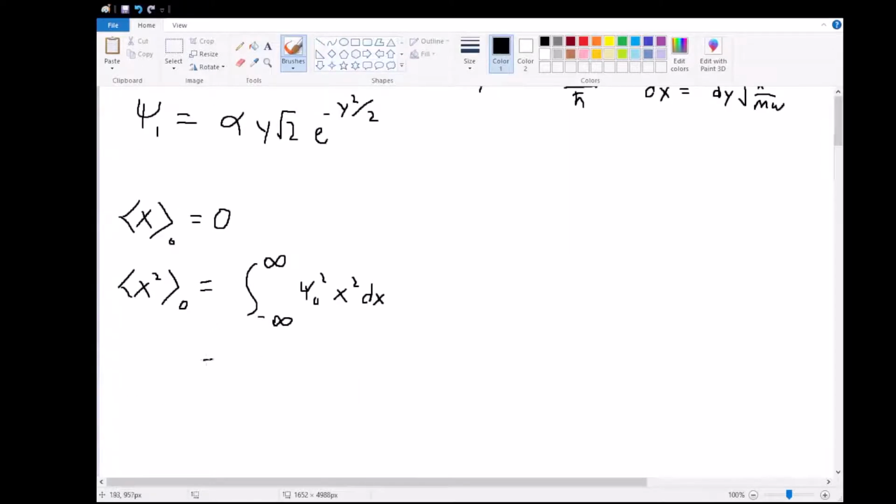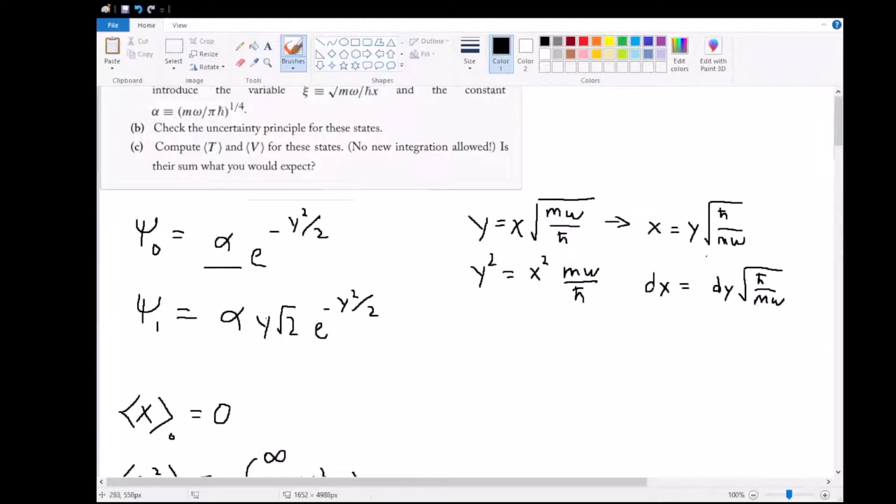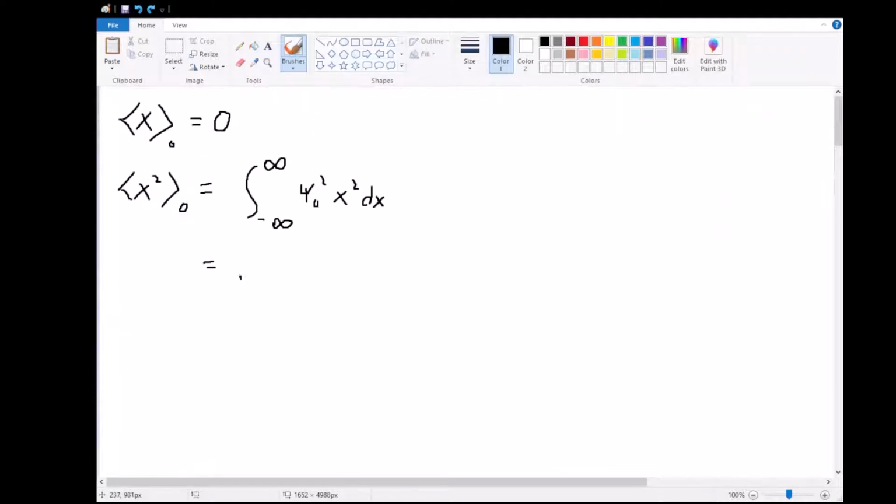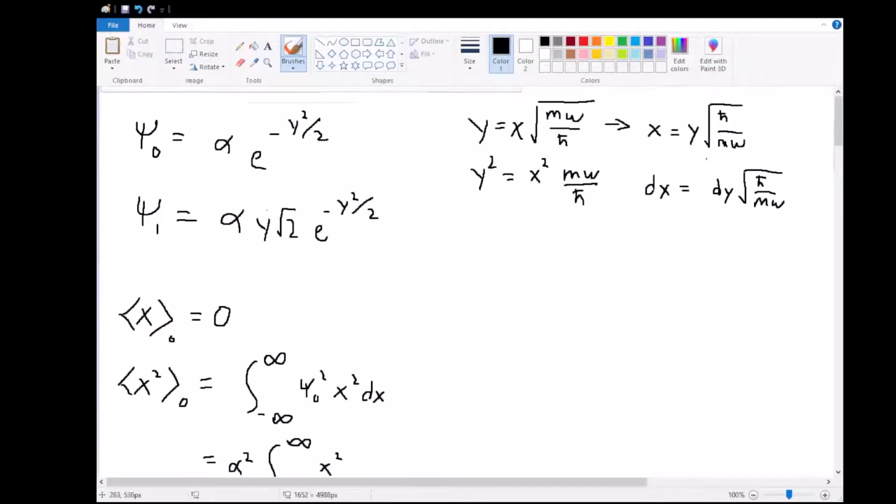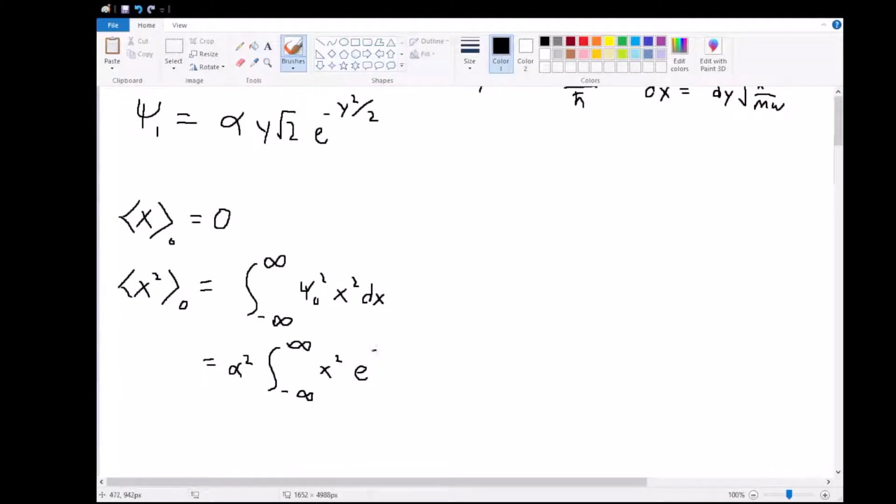And then if we expand this, psi naught has this alpha term at the front, which becomes alpha squared times the integral from negative infinity to infinity of x squared, and then we have e to the negative y squared half squared, so this is just e to the negative y squared dx.